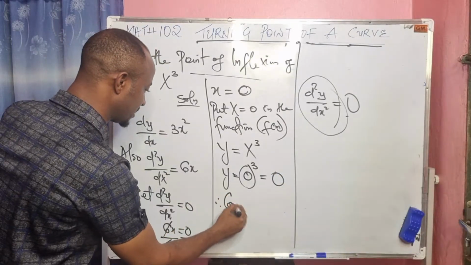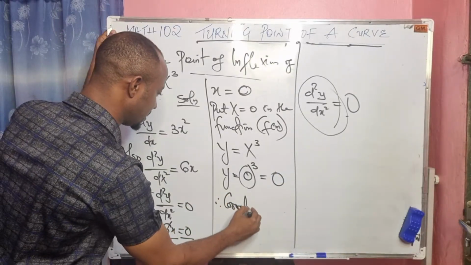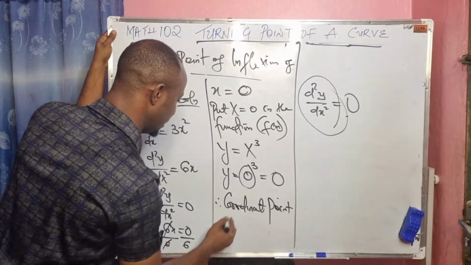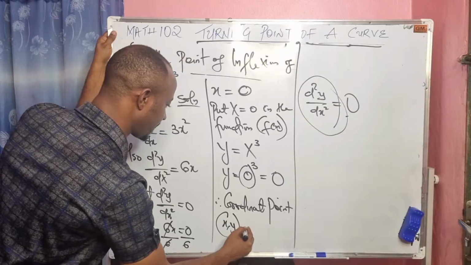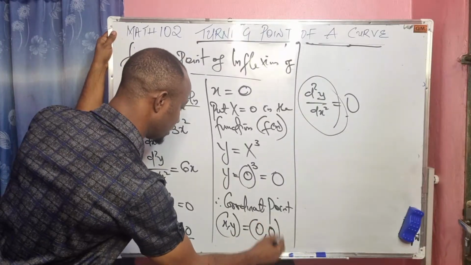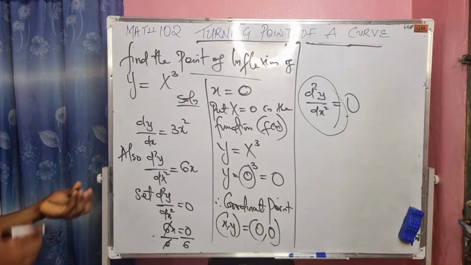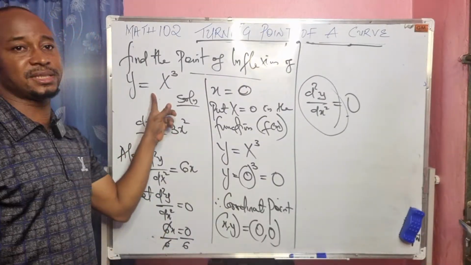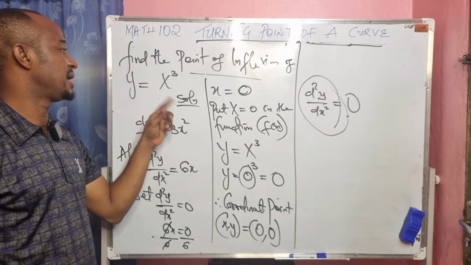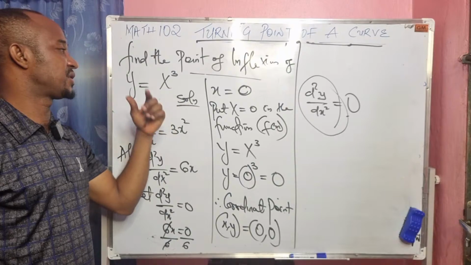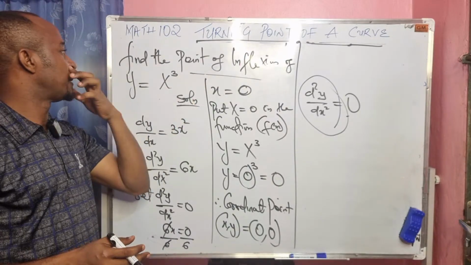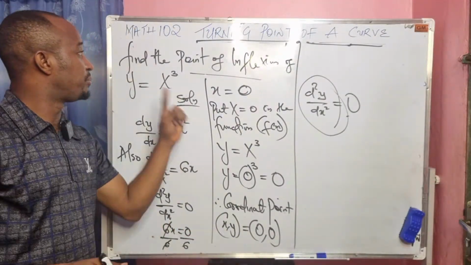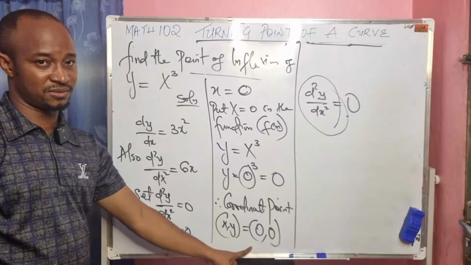Therefore, the coordinate point, which is our x comma y, is 0 comma 0. Sorry, this alone is not enough to say that the point of inflection is 0 comma 0.